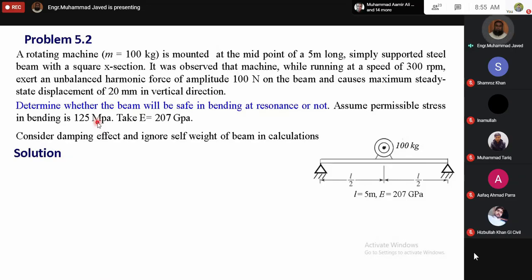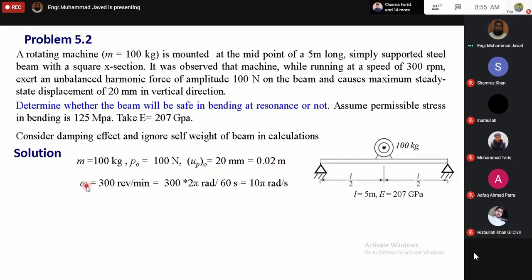So writing these informations in mathematical form: mass of machine 100 kg, peak harmonic force is 100 Newton. The corresponding dynamic displacement is 20 mm or 0.02 meter.